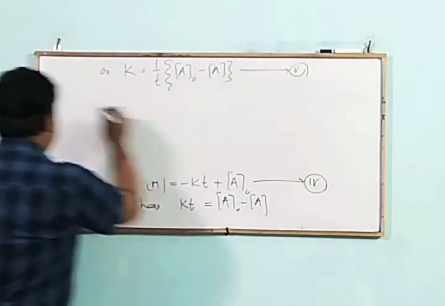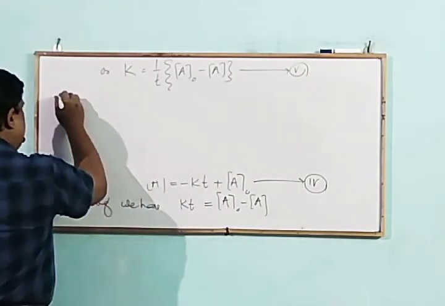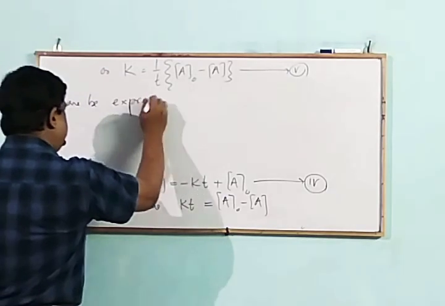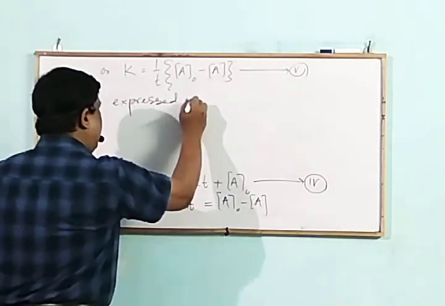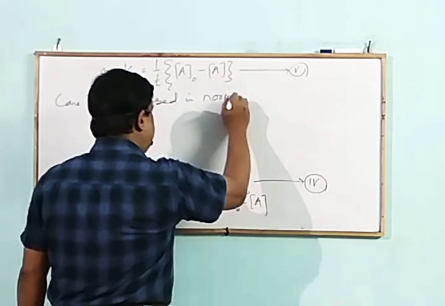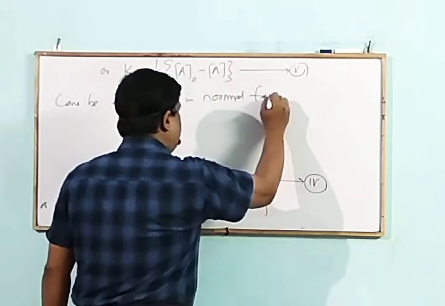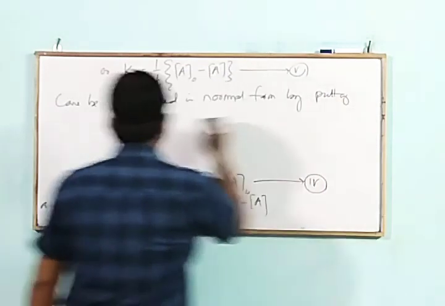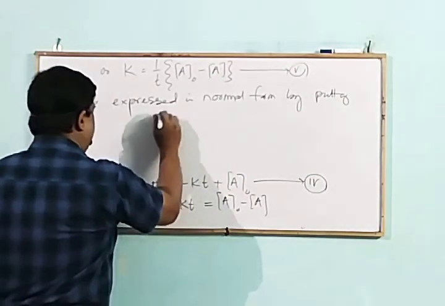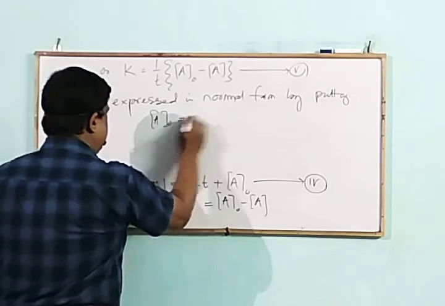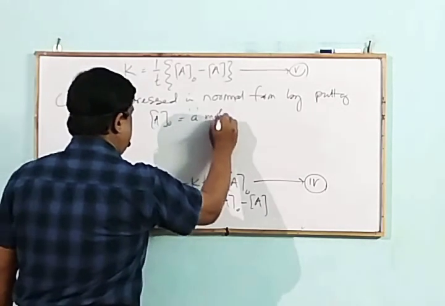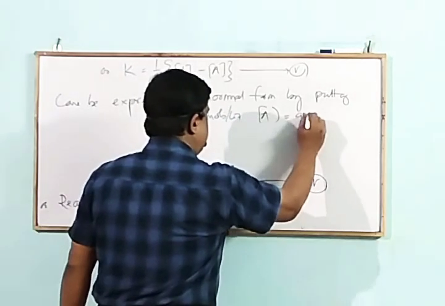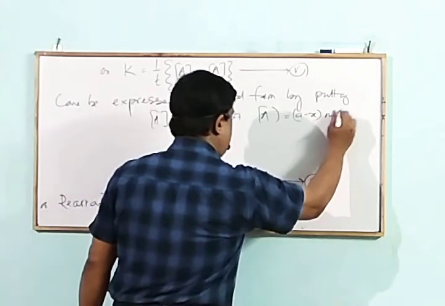This equation can be expressed in normal form by putting A naught, the initial concentration, as a moles per liter, and A, the final concentration, as a minus x moles per liter.